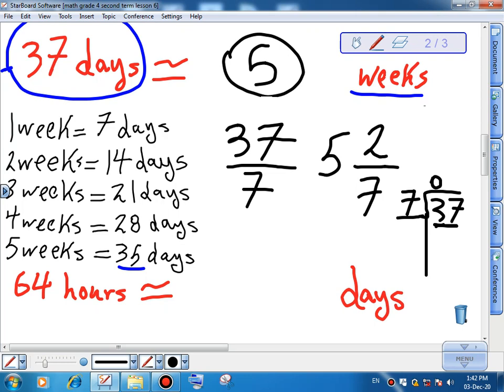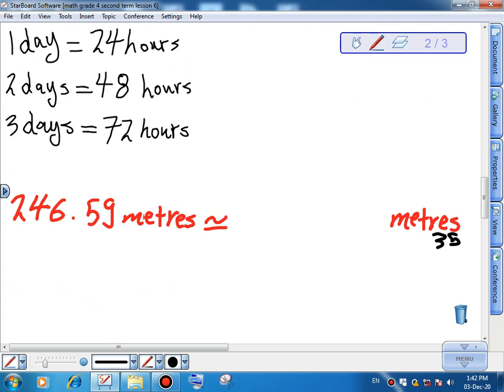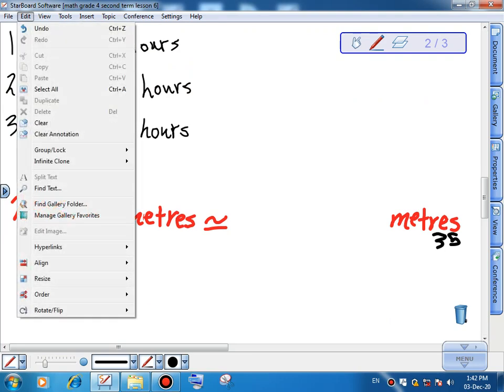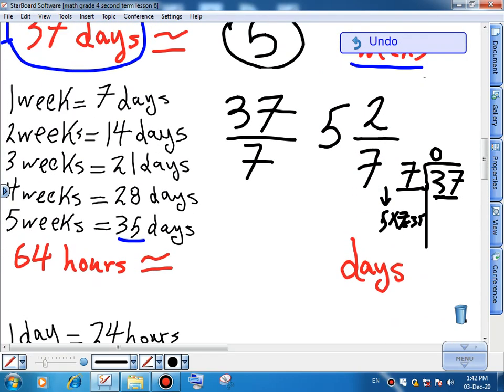37 divided by 7: 3 is smaller than 7, so put 0 and take 2 digits. 5 times 7 equals 35. 37 minus 35 is 2.